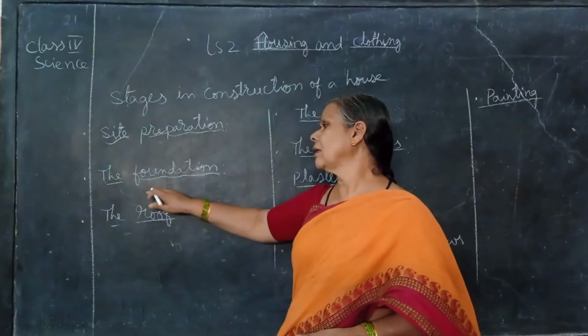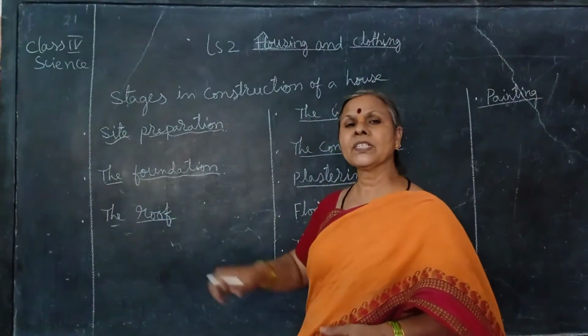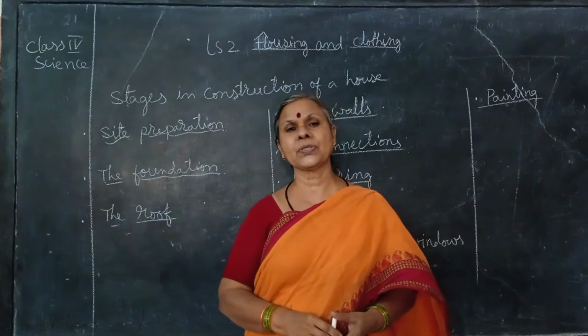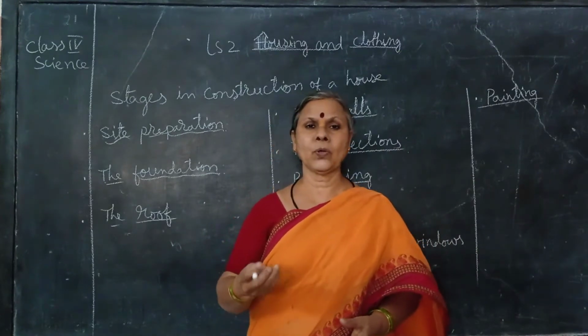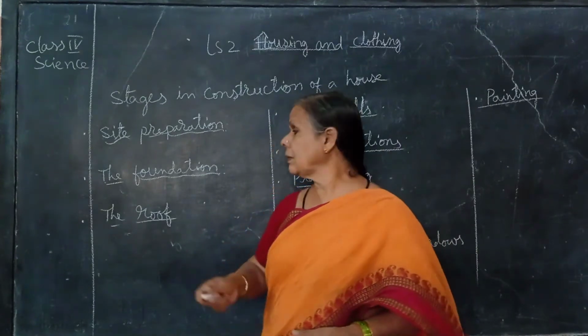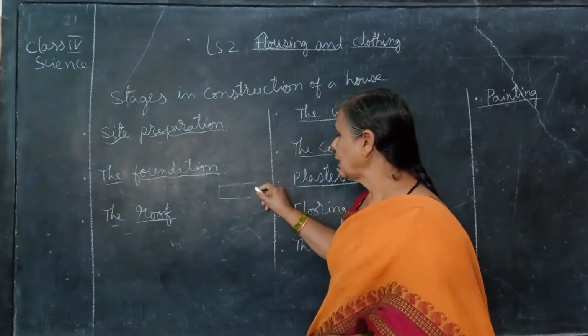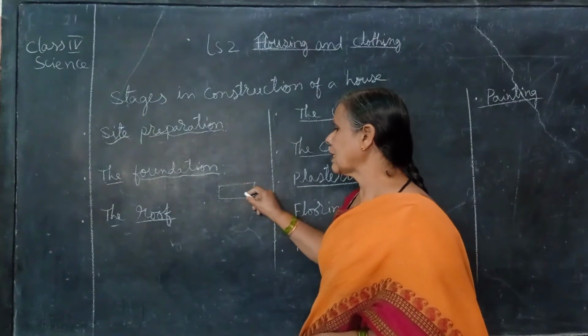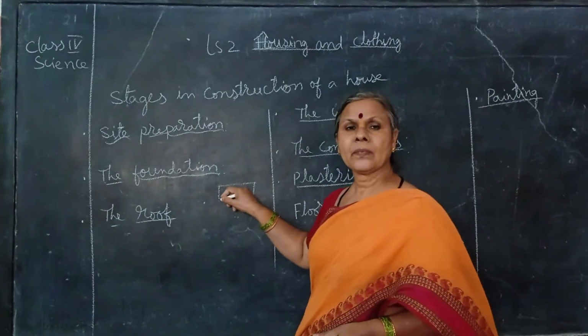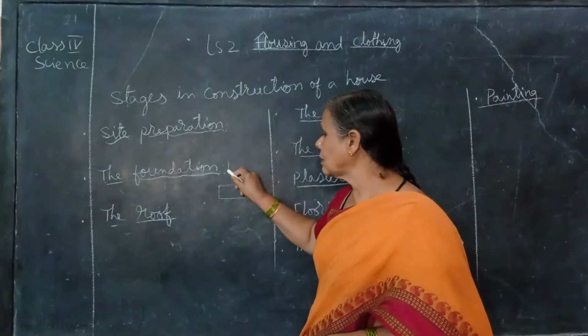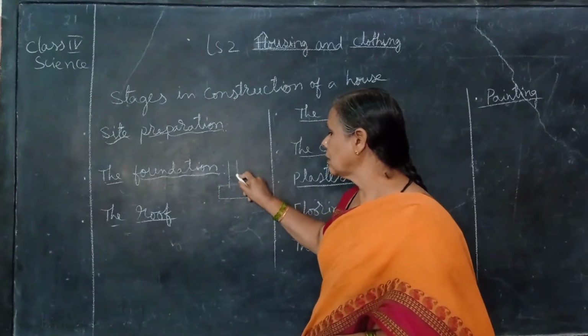Next, the foundation. The function of the foundation is to give support to the building, give pillars. They will be digging. You might have seen like this. The holes are there. They will dig up the hole and they will start putting the iron rods.